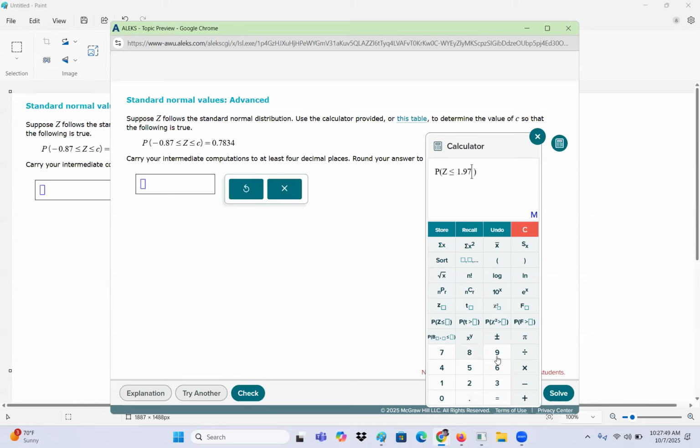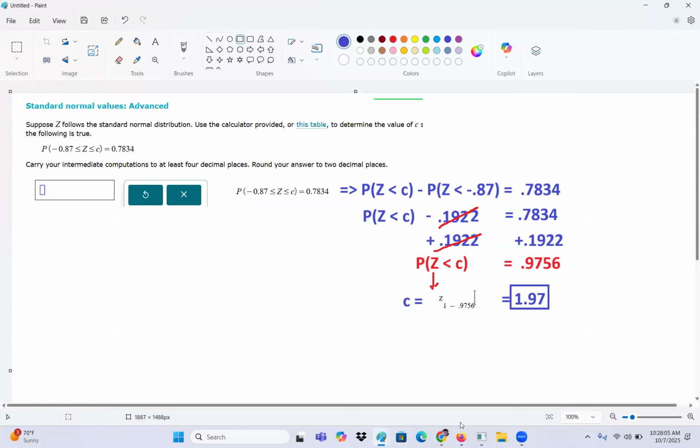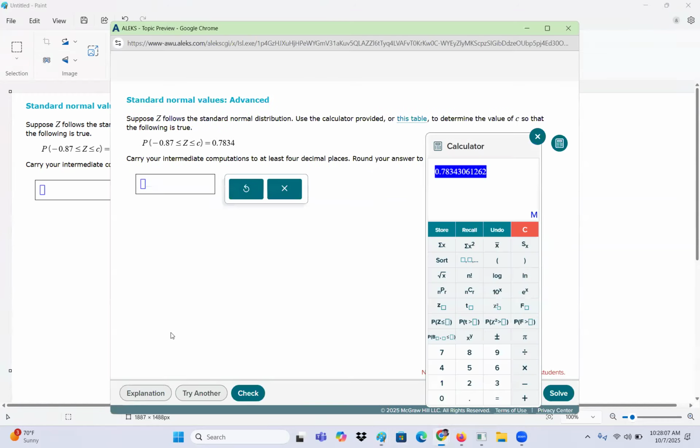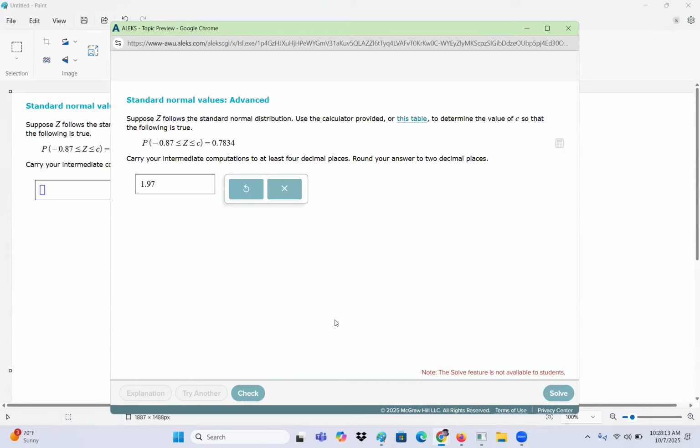So let's say that instead of this, and then minus the P of Z of negative 0.87. Let's see. Yeah, we should get something like that, which is 0.7834. So the answer is 1.97. It just boils down to two different situations. Yeah, it should be good.